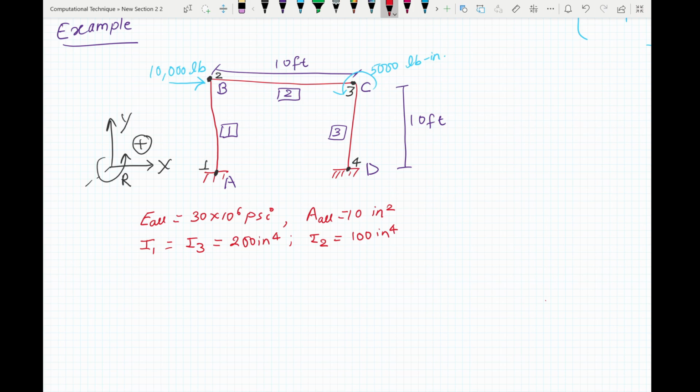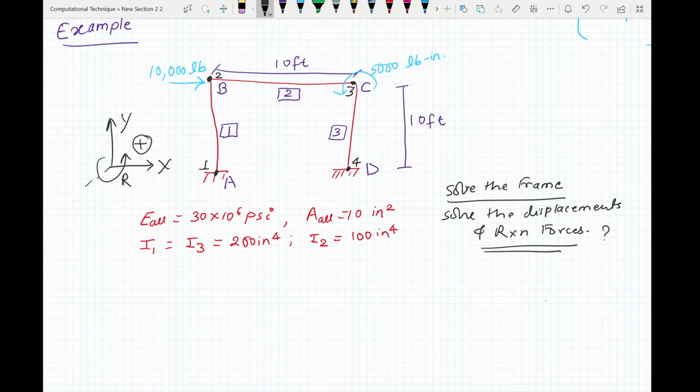Now the problem here is to solve the frame, or you have to solve the displacements and reaction forces.